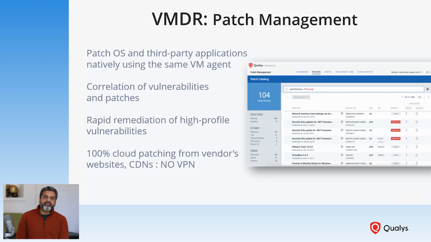And that is something that with VMDR we are simplifying significantly by bringing a solution that does not only OS patches but also third-party patches. It leverages the correlation of vulnerabilities to specific patches, which I'll talk about a little bit.